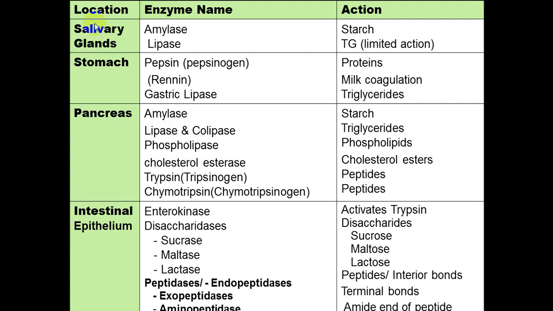The initial organs are the salivary glands, their constituents, and the properties of saliva.